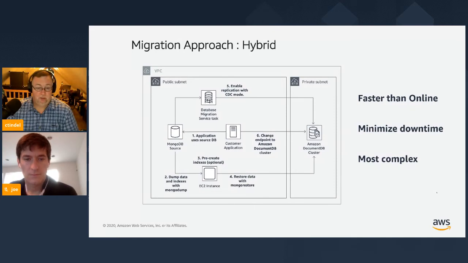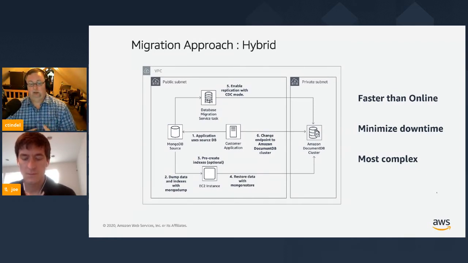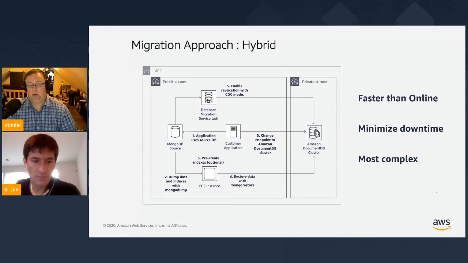But before you do that, you enable DMS with replication mode, so that you get the best of both worlds: the multi-threaded restore process we were using before, while DMS keeps track of all the changes from the op log, so that when you're done, you can apply those op log changes into your DocumentDB cluster.